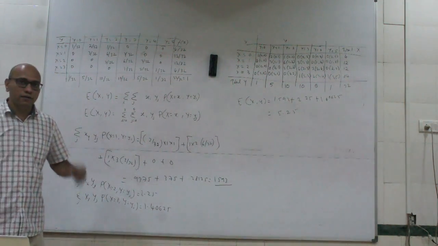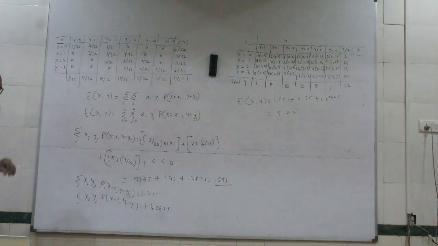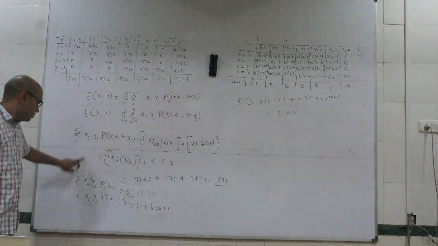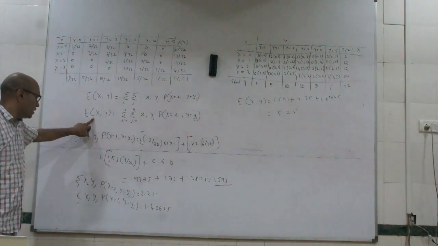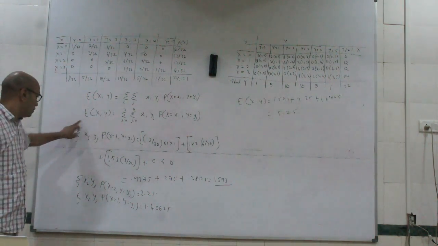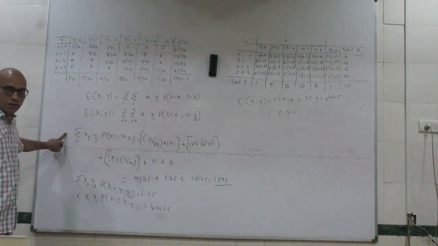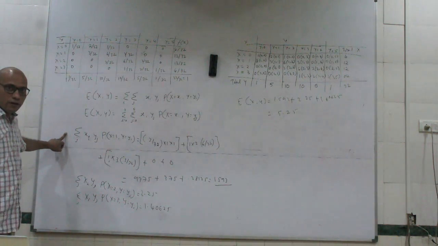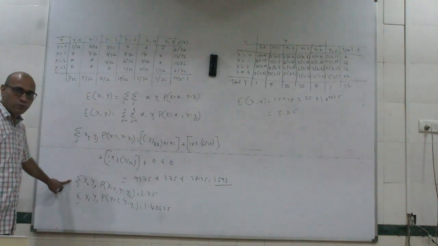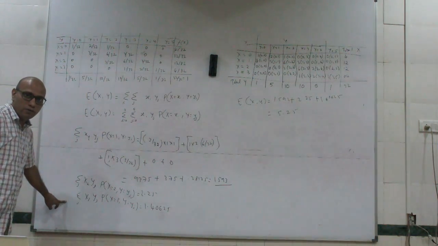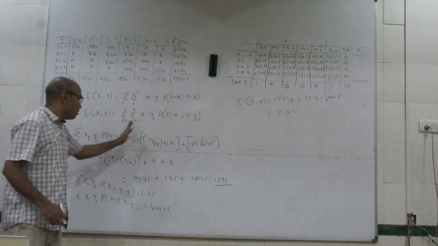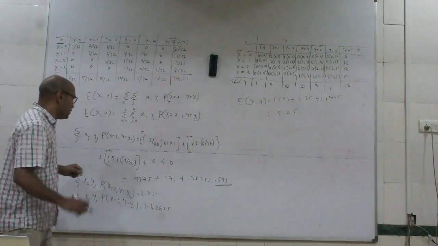Down there we haven't written summation over i for the first one, but in the second one we write it, right? We are doing a summation of summations.